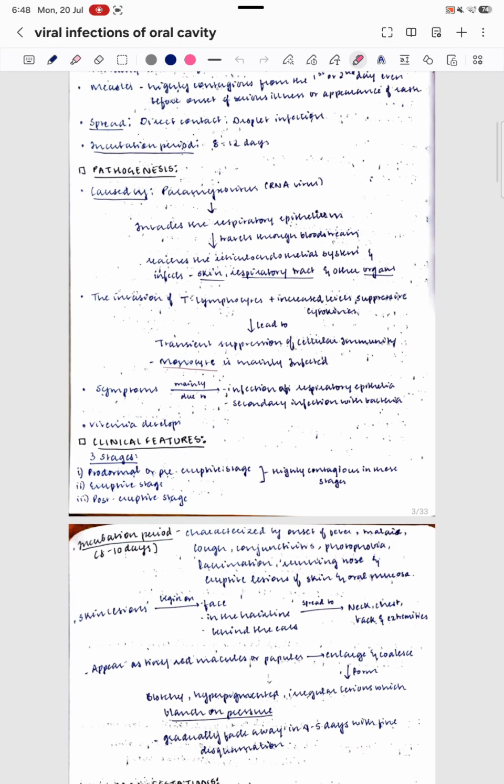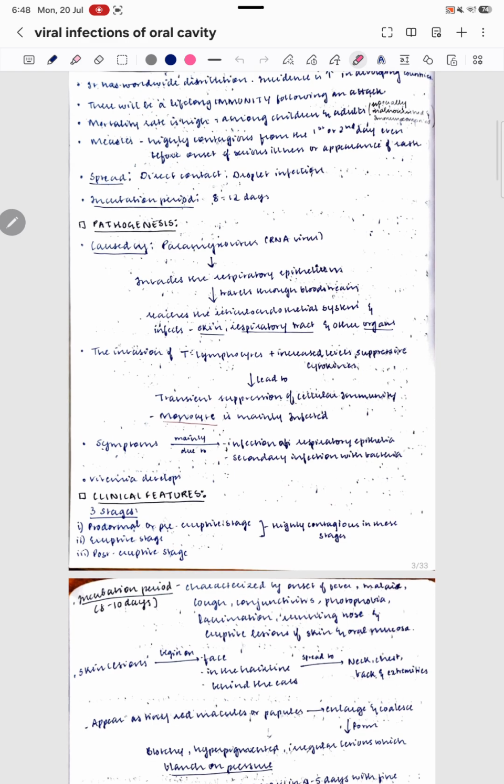Then pathogenesis. The causative agent of measles is paramyxovirus, also called PMV, a myxovirus. Paramyxovirus is an RNA virus, as we studied in the classification.